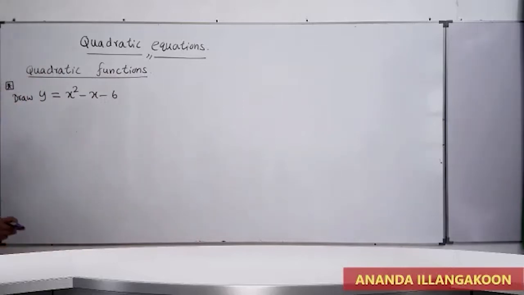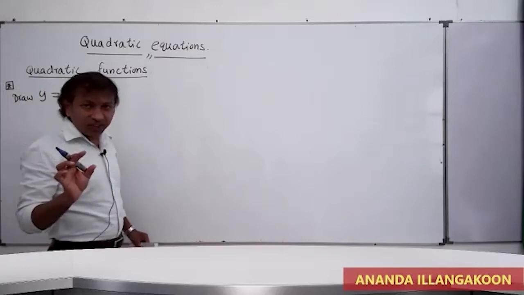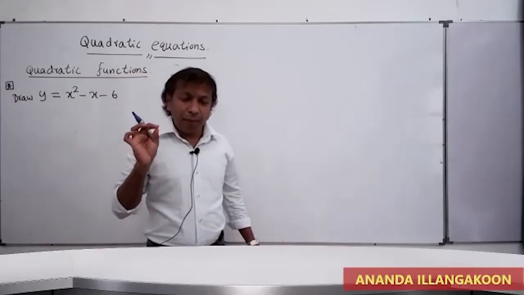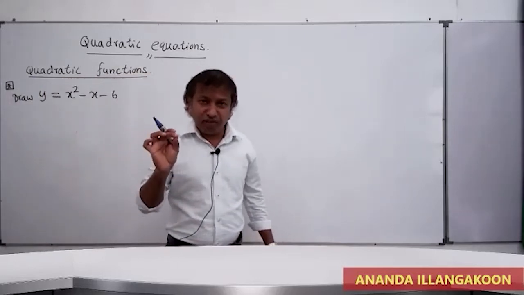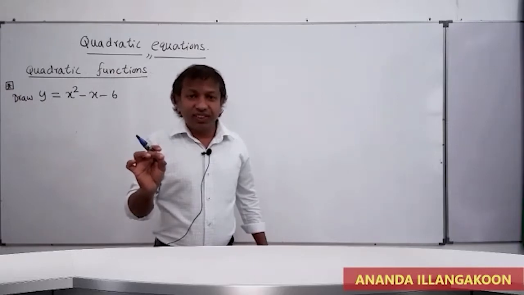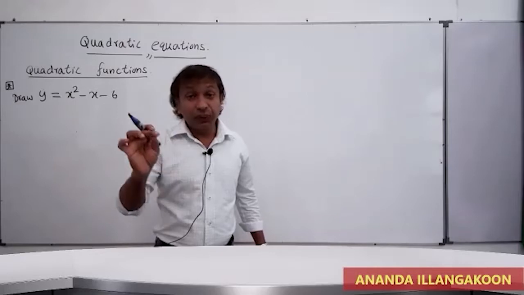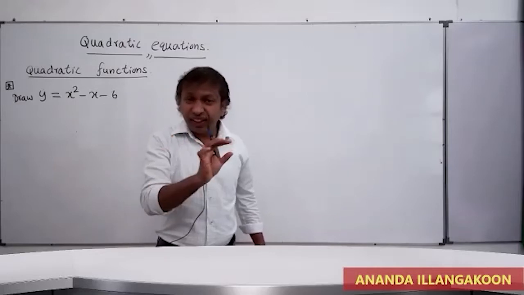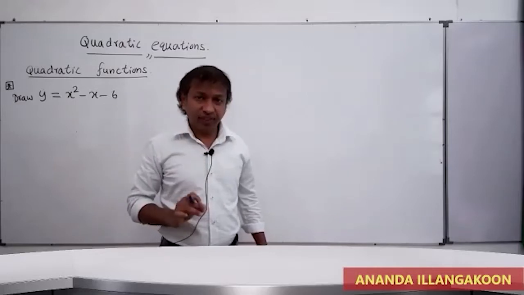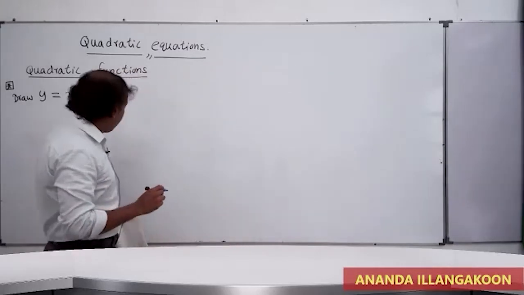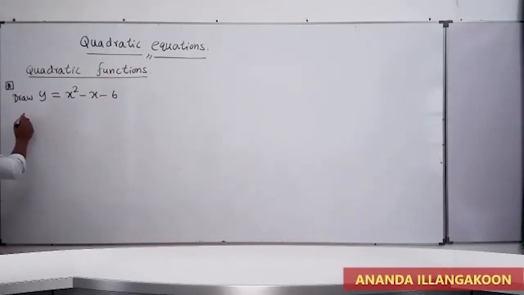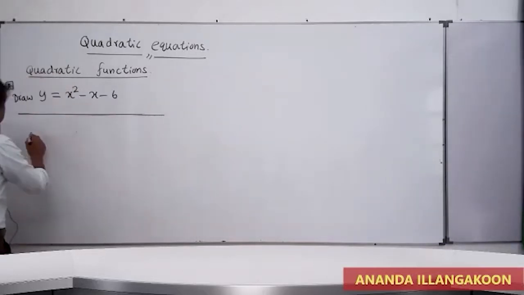So now, people, I am going to prepare a table in this case to draw this graph. But after another 1 hour, you will never need a table; you will draw the graph without considering any table or anything. We'll see, right? So now into this table I include the values for x and y.